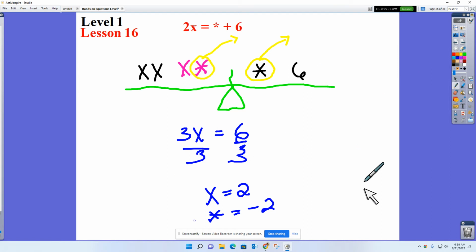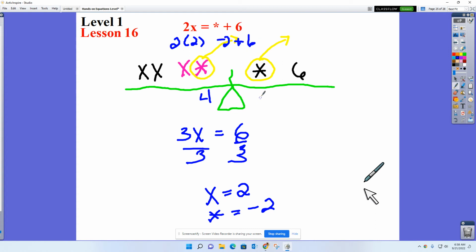Now we want to go and plug in our numbers to test it to see if we can check our answer. So up at the top, I have 2 times x. Well, x is 2, so I'm literally going to do 2 times 2. 2 times 2 is 4. On the other side, I have -2 plus a positive 6.